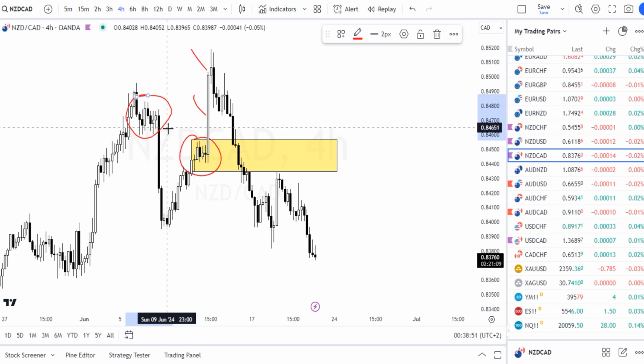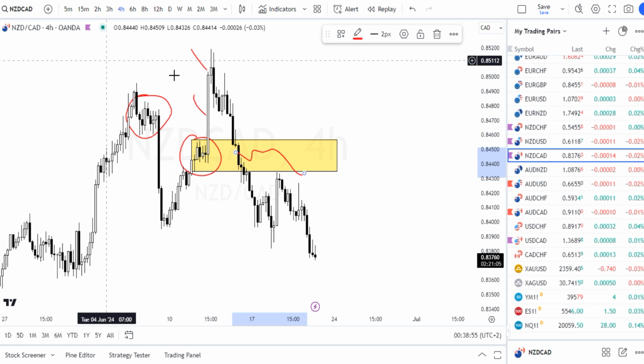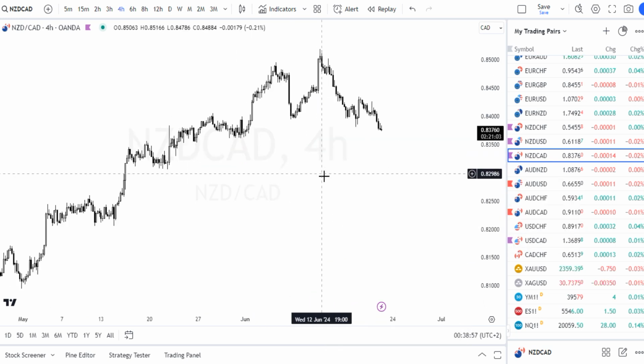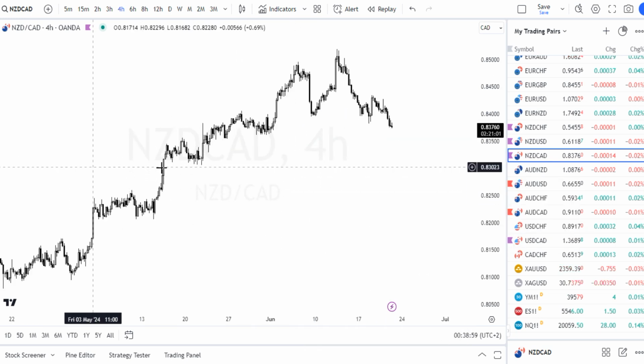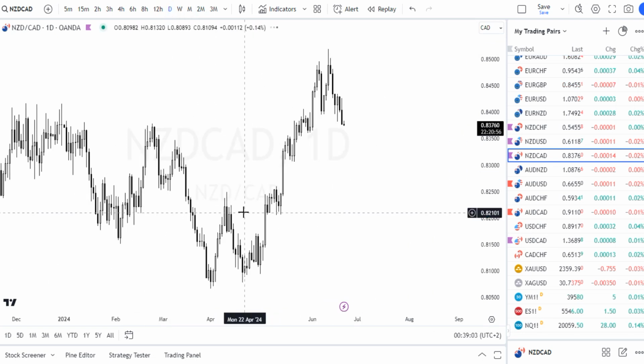So when it removed it, it became a demand zone. But now, of course, you're saying that everything is good, the trend is in my favor, in daily it looks good.